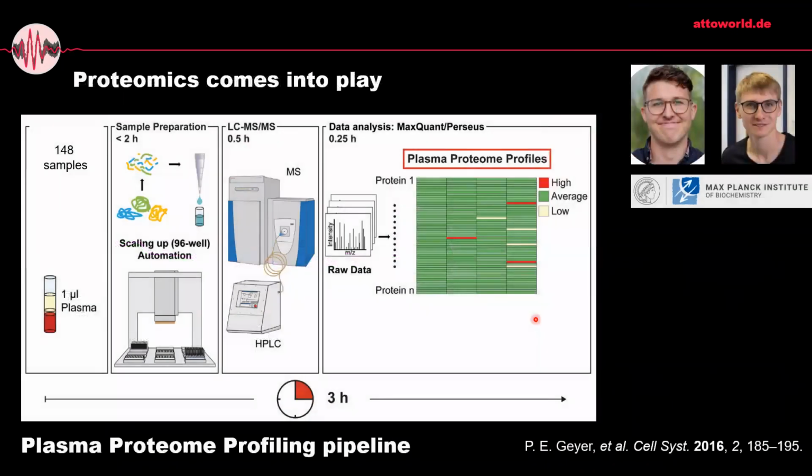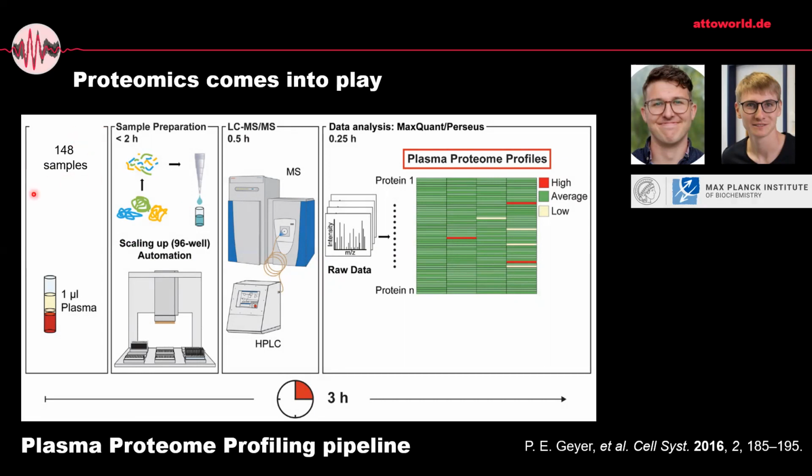And this is where proteomics comes into play, because that's exactly what it can do. We approached the group at the Max Planck Institute of Biochemistry, the group of Professor Mann, who published their plasma proteomic profiling pipeline in 2016. The beauty of that pipeline is that they can relatively quickly scan through the samples.